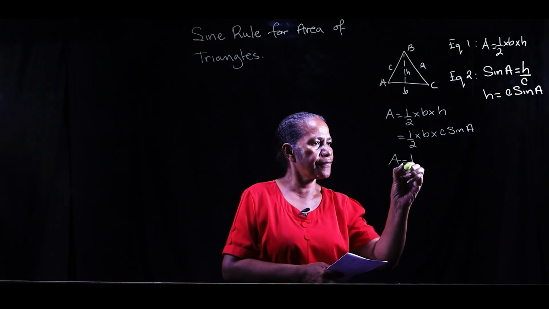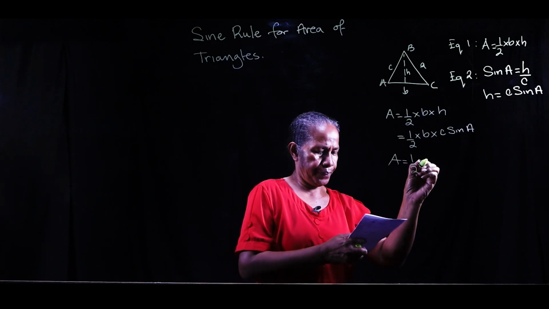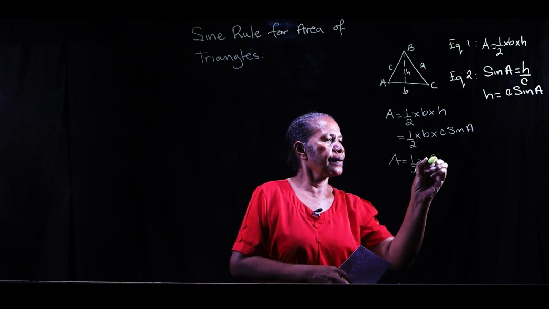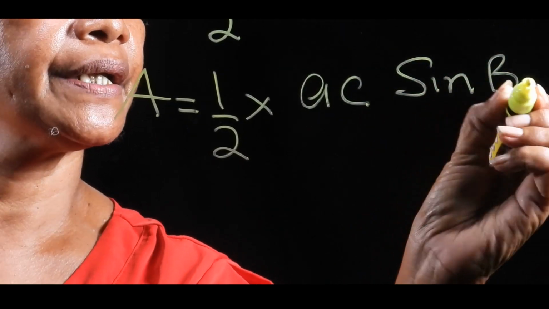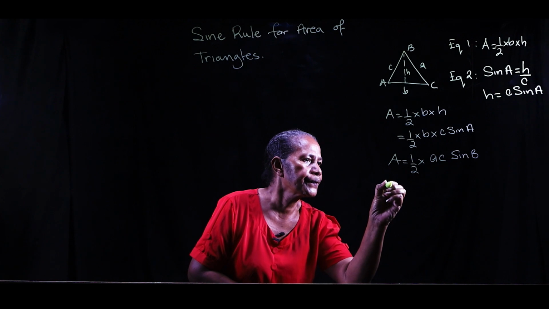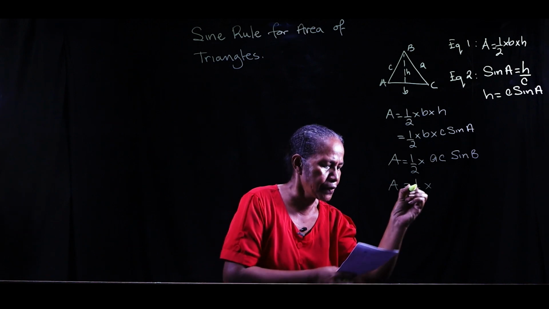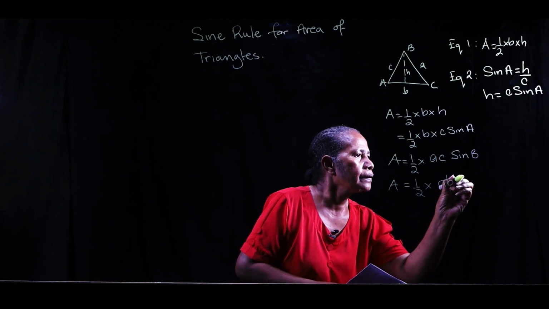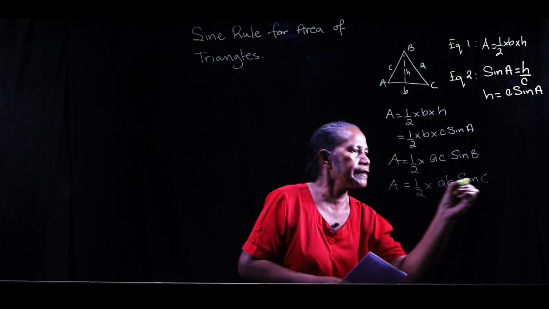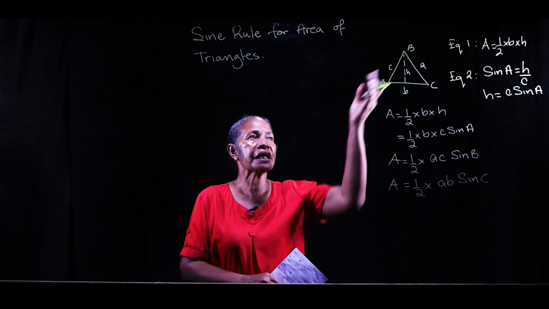So area is equal to half times AC sine B. And similarly, we also have another one: area is equal to half times AB sine C. These are the three formulas that you can choose from depending on the information given.